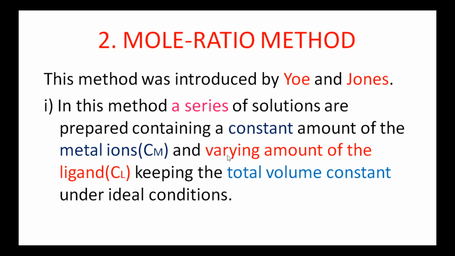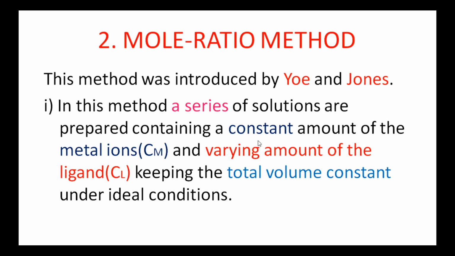This method differs from Job's method, in which the concentrations of the metal and the ligand are constant and only their volumes are changed. In this method the concentration of the metal is fixed, but the amount of the ligand is varied.